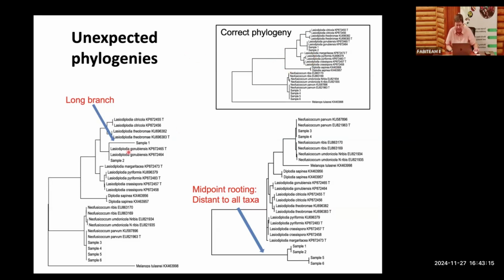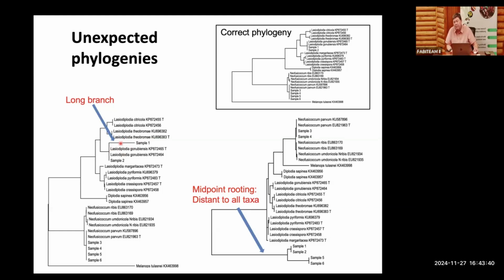So here we have two things that happen. I actually should have separated them, but let's deal with them now. On this tree, we have a very long branch. When we see that, there are various reasons that can explain this observation. It might be that this is a different species. That might be true.